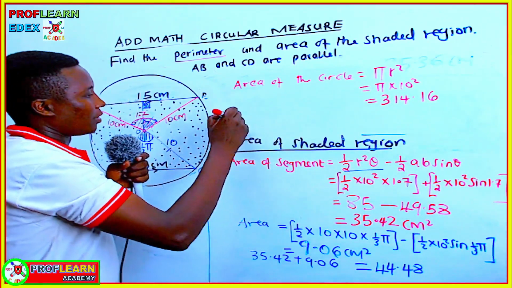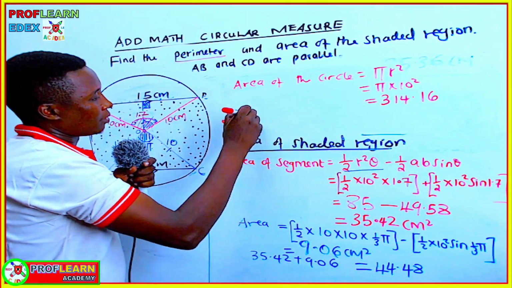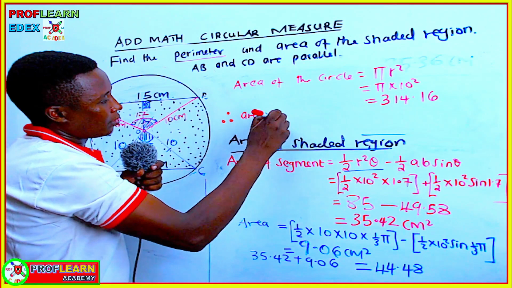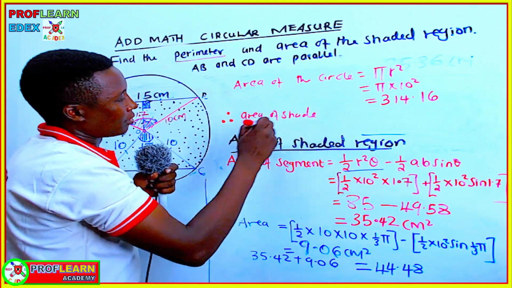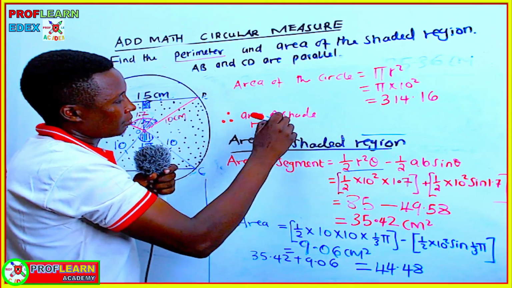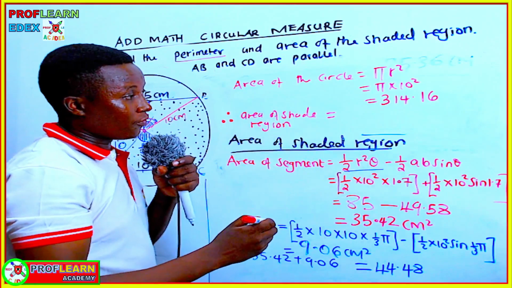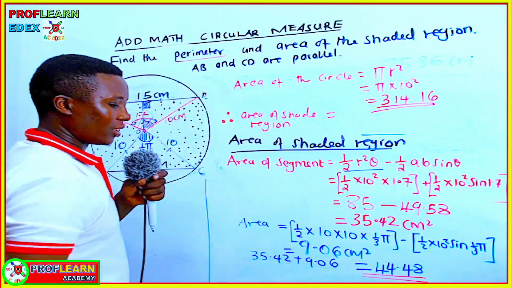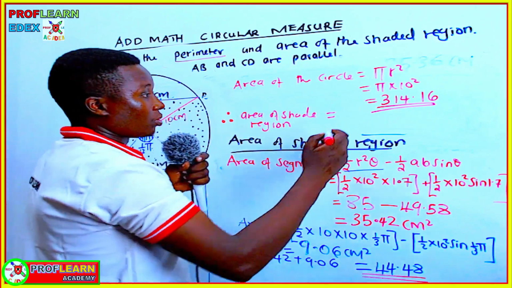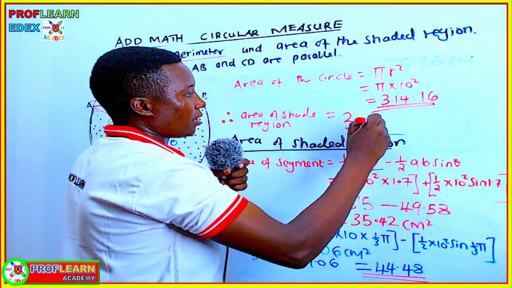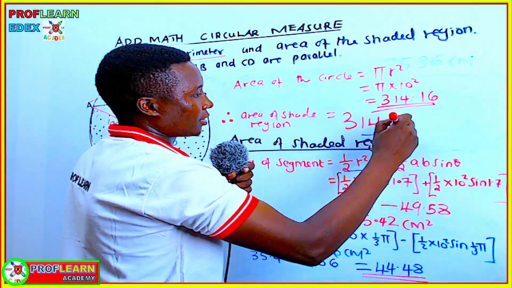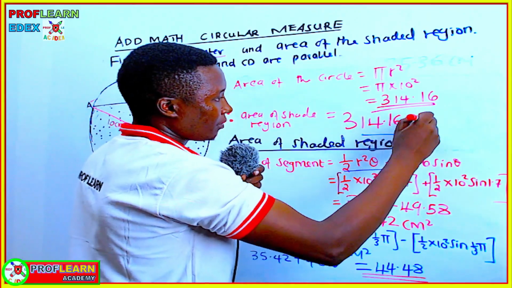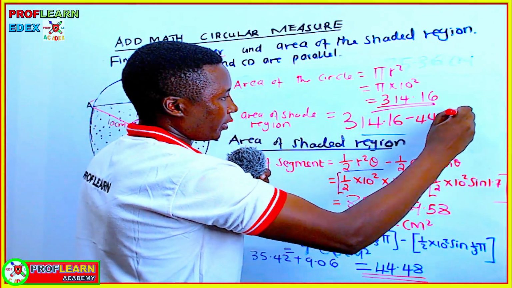Therefore, the area of the shaded region is equivalent to the area of this part subtract the area of this part. So this is going to be 314.16 minus 44.48.